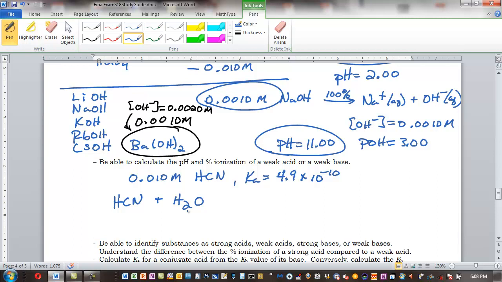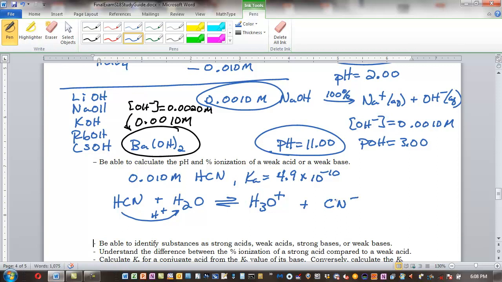So this is an acid. So what is it going to do in water? Donate a hydrogen ion. And what will it produce? Hydronium. When water gains that H+, we produce hydronium ions in solution, and we also get the conjugate base of that acid.